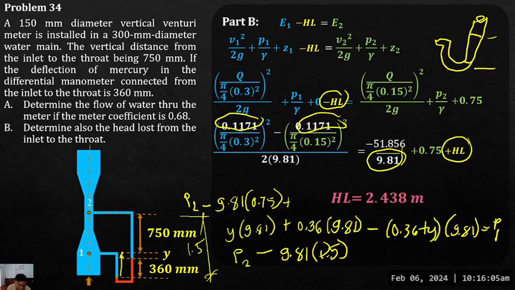Tapos, let's say 0.75. Ito dito, 0.75. Plus 9.81 times 0.75 equals P1.